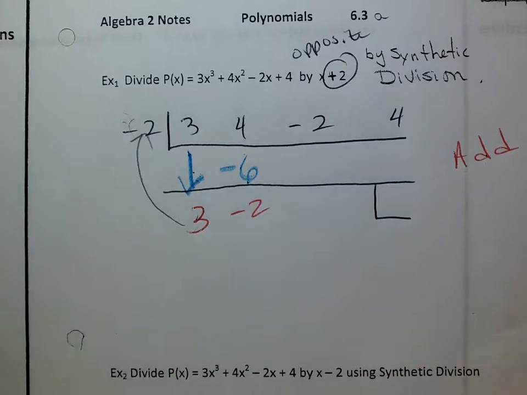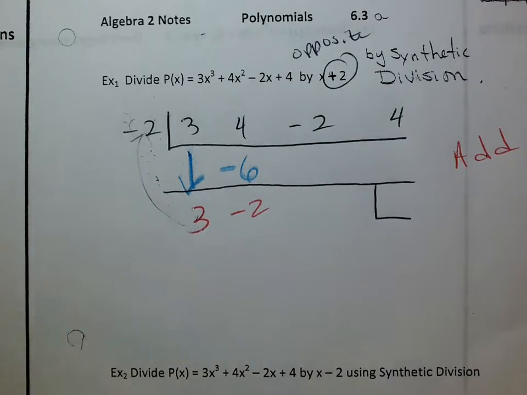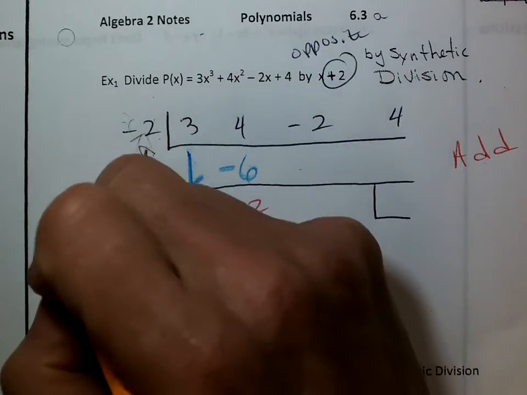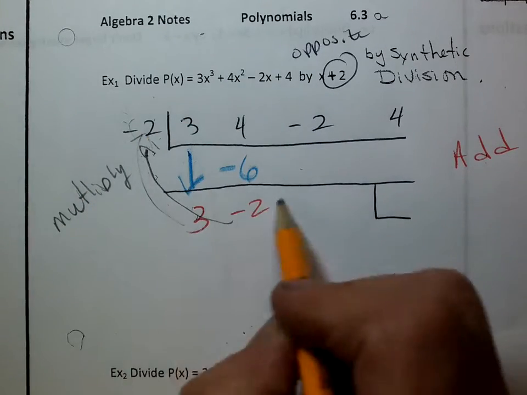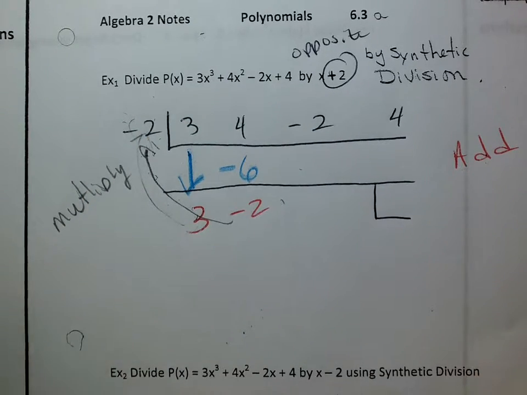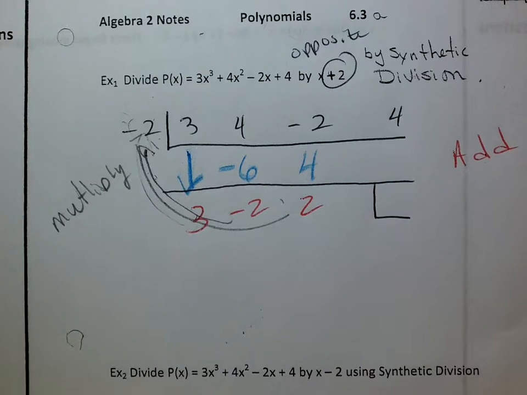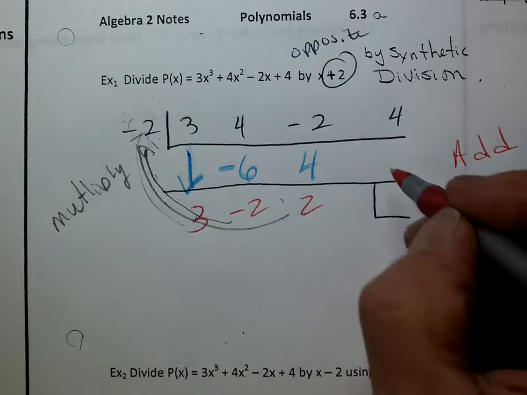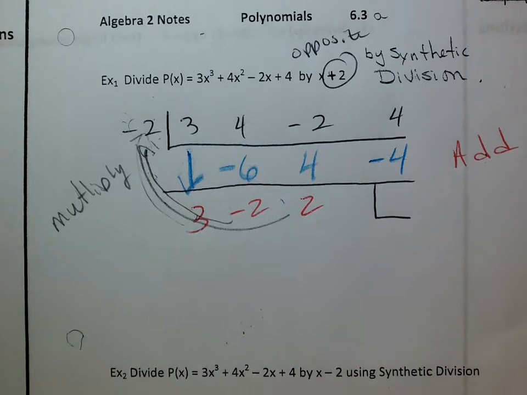Then multiply, and I get a +4, so put a +4 right here. Then add. When I add, I get a +2. Then multiply, and I get a -4. So put a -4 right here. And then add. So I get a 0.